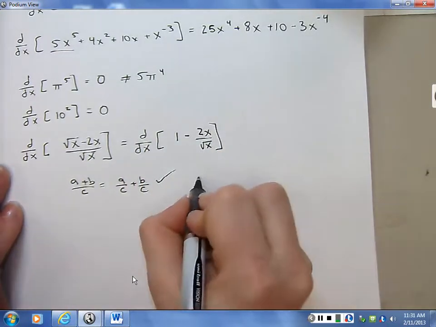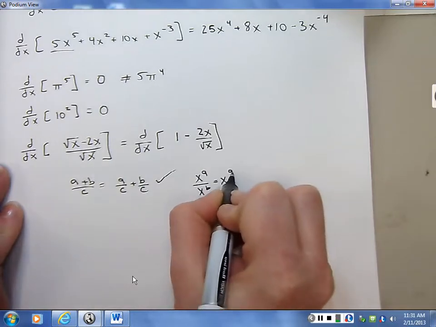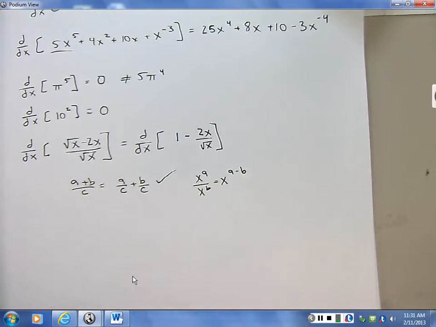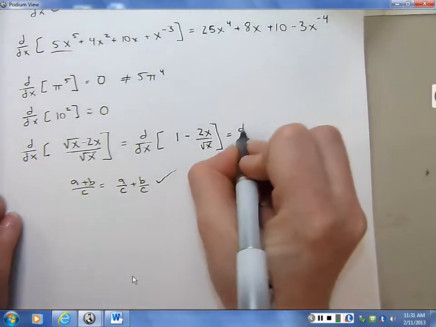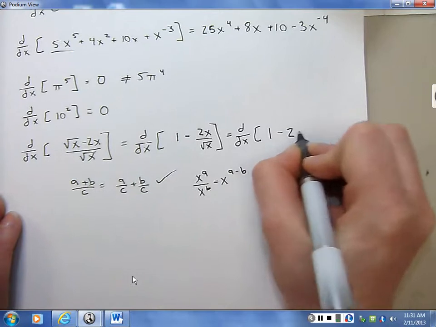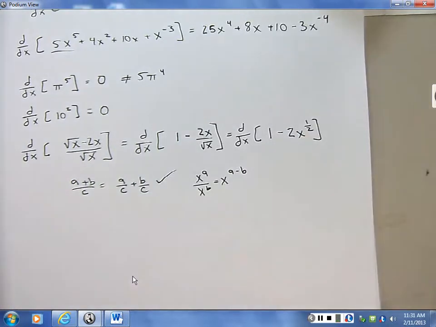So here, if you remember, if you have x to the a over x to the b, you can write that as x to the a minus b, right? Because I want to get x to a single power. So I could rewrite this as 1 minus 2x to the 1/2, right? 1 minus a half. So now I can differentiate it.